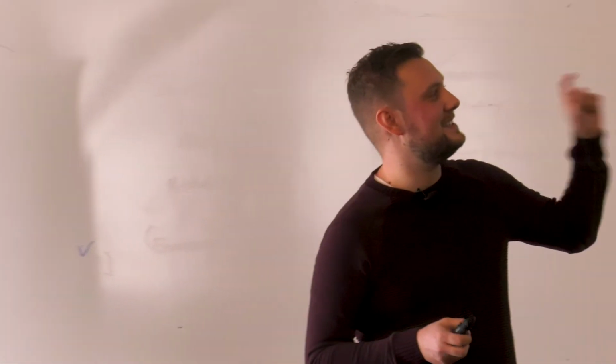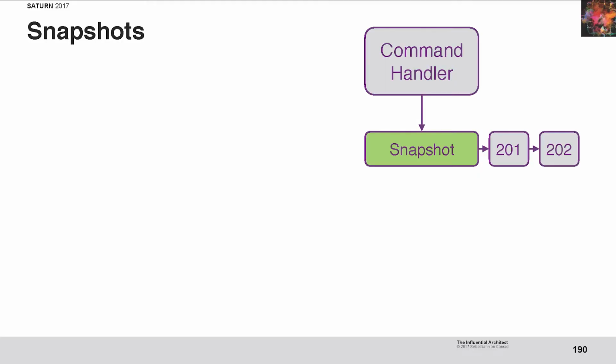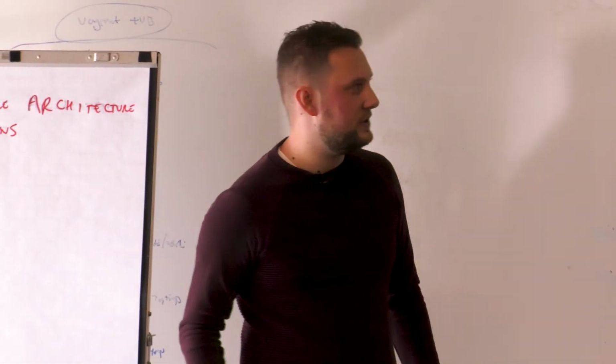It's about the state at this particular point in the event stream, which means that the command handler can load the most recent snapshot and then only load the events that have happened after that point. So we're not trying to keep every single current state of every single aggregate, but every so often we just take a snapshot.